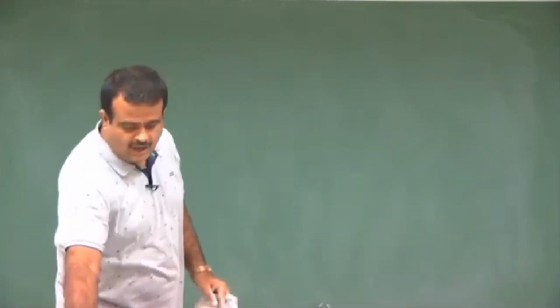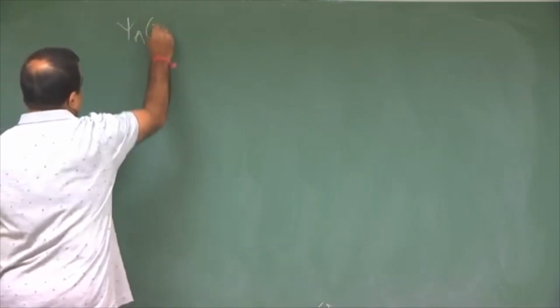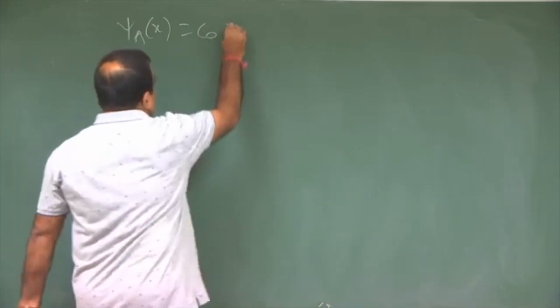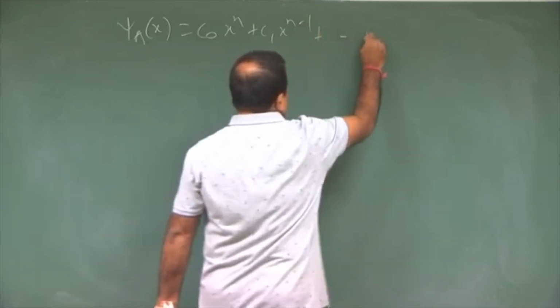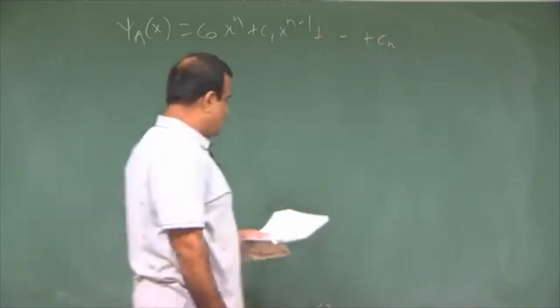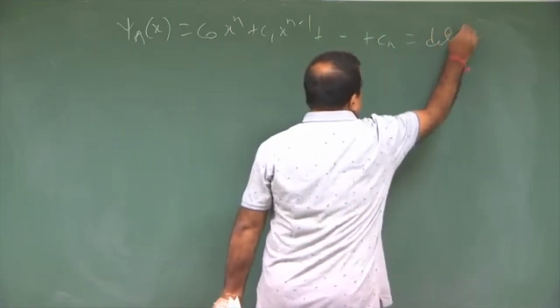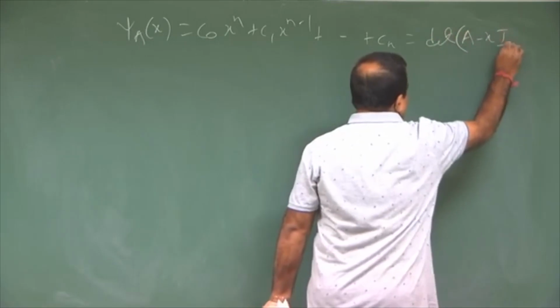So, we know the characteristic equation from where these eigenvalues are coming. This is C 0 x to the power n plus C 1 x to the power n minus 1 and so on up to C n. This is nothing but the determinant of A minus x I n.